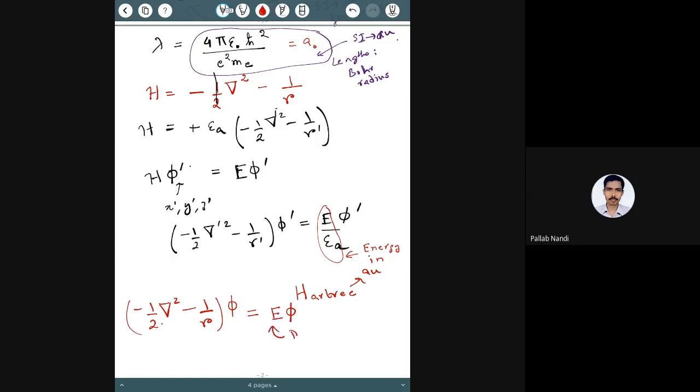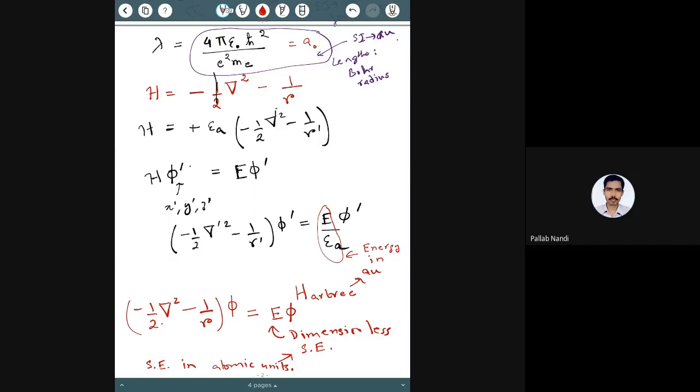This is my dimensionless Schrodinger equation, or you can say it is the Schrodinger equation in atomic units.